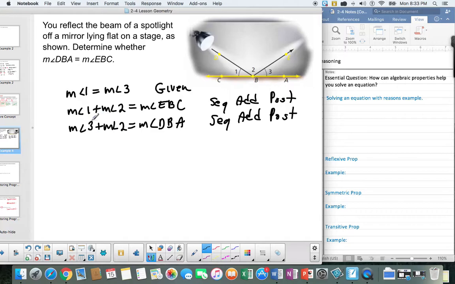Now I know that this is the same thing as angle 1, so I'm going to say the measure of angle 1 plus the measure of angle 2 is equal to the measure of angle DBA. And that's called substitution.